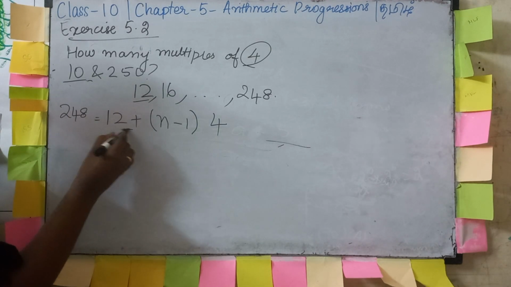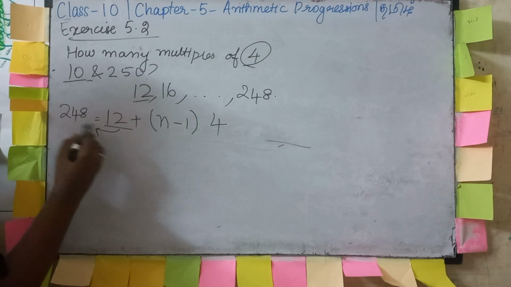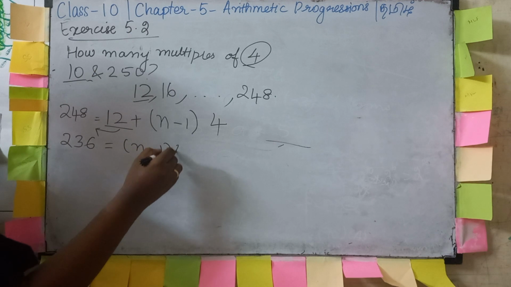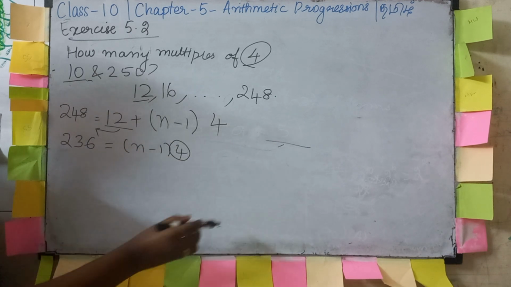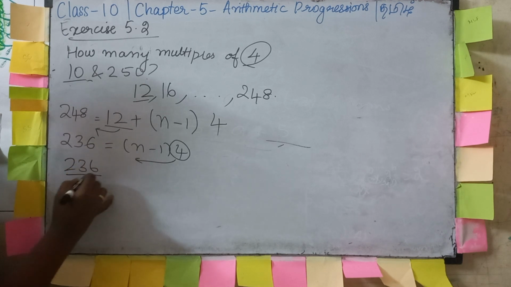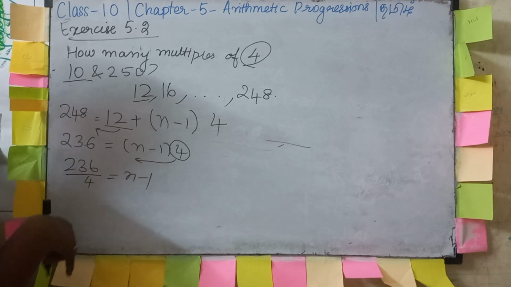248, now bring this plus 12 to the RHS, which becomes 236 equals n minus 1 into 4. Now this is multiplication, right? Bring this to the LHS. 236 by 4 equals n minus 1.